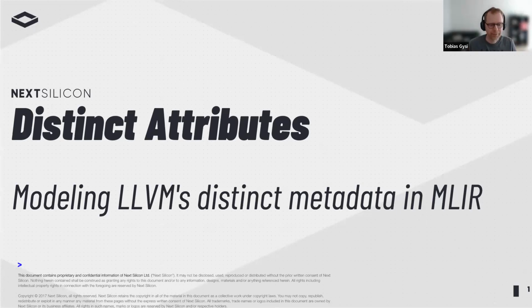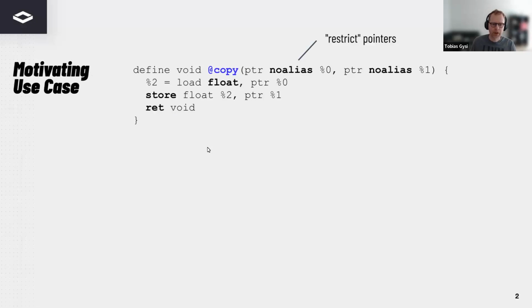So we will actually have a talk today that starts with LLVM IR and not with MLIR to figure out how we model LLVM IR metadata in MLIR. And as an example, we will actually talk a little bit about inlining.